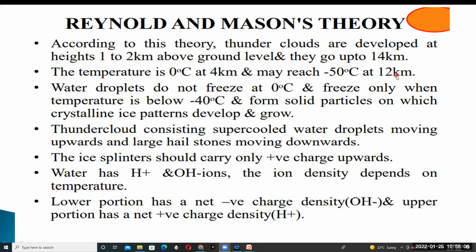That means ice crystals are present in the upper part of the cloud, according to this theory. Water droplets do not freeze at 0 degrees Celsius, and freeze only when the temperature is below minus 40 degrees Celsius.